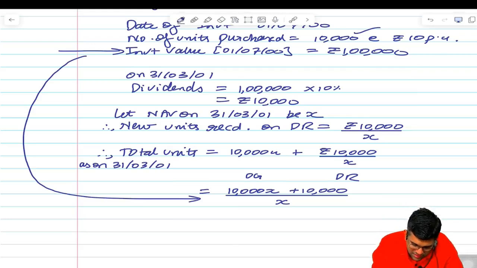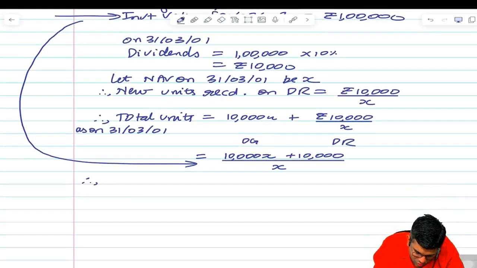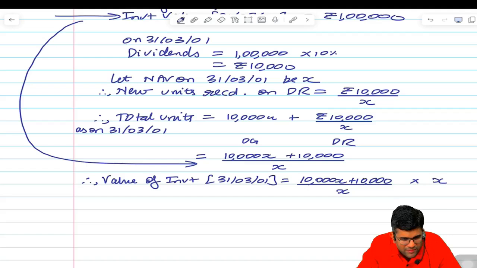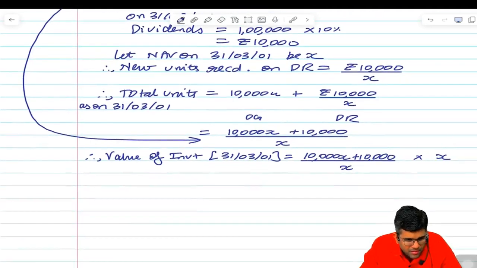The value of my investment on 31/3/2001 will be 10,000 X plus 10,000, the whole upon X. These many units I have, and each unit has a value of X. Come on everyone, are you all able to understand? Each unit has a value of X.